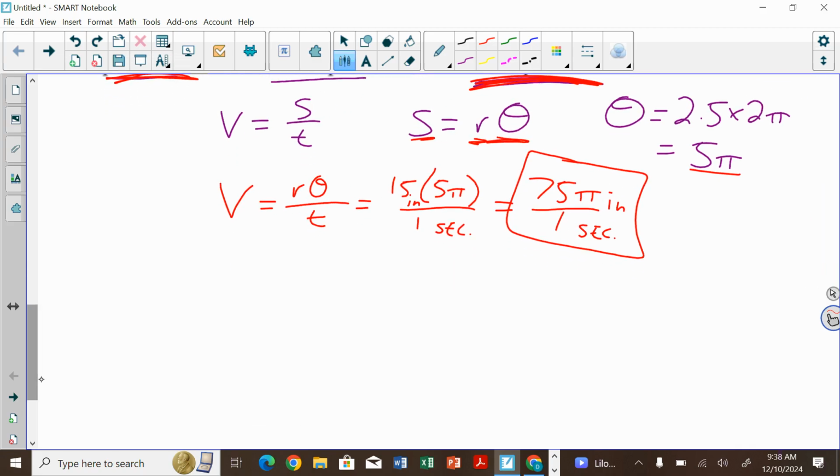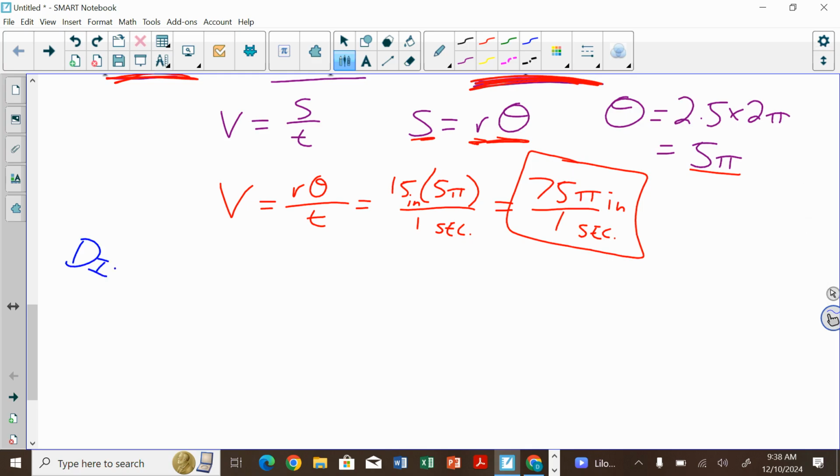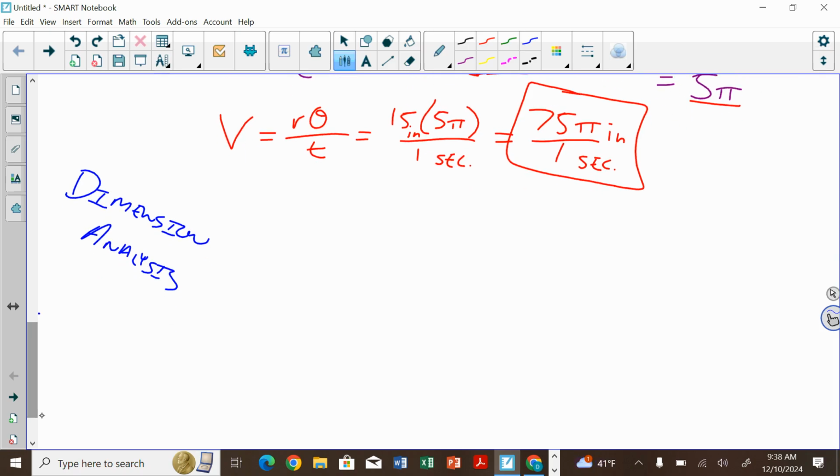So now I have to do a little dimensional analysis, which we talked about. Some people are better at doing this in their head than others, but it can get a little bit crazy if you're not quite ready for it. So I just like to draw it out sometimes, and I'll show you that way.